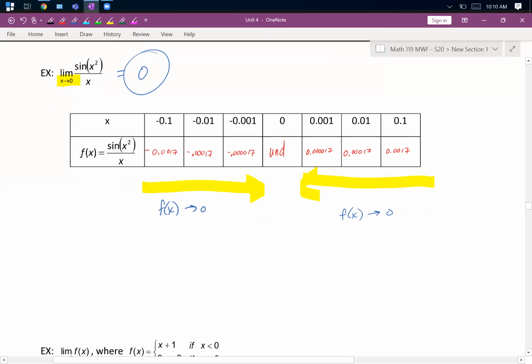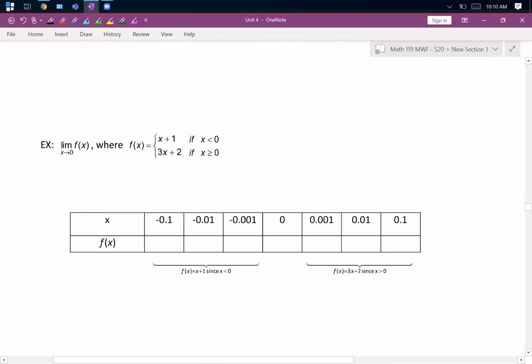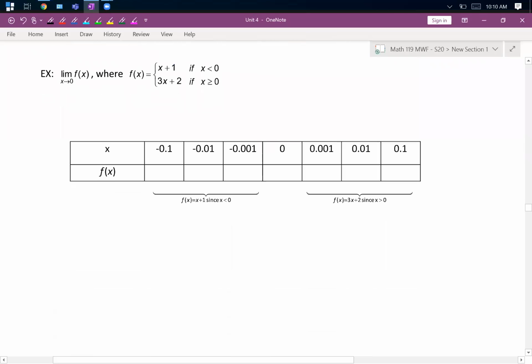Let's check out one that is a piecewise function. We want to find the limit as x approaches 0 of f of x, where f of x is the piecewise function x plus 1 when x is strictly less than 0, and 3x plus 2 when x is greater than or equal to 0.